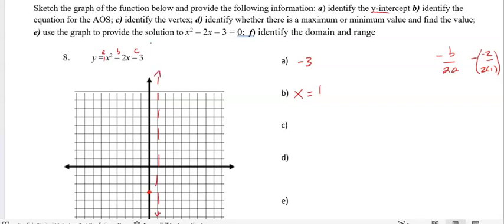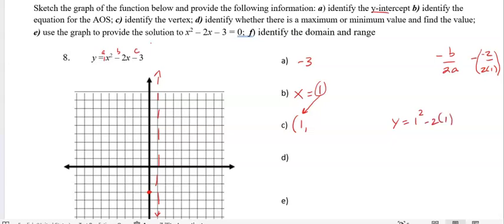And that means when I come down to C and I'm looking for the vertex, I already know what the x-coordinate of the vertex is because these are the same, always. Whatever the AOS is, that's the x-coordinate of the vertex. So to get the y, just plug 1, in this case, whatever the AOS is, plug that back into the function for x.